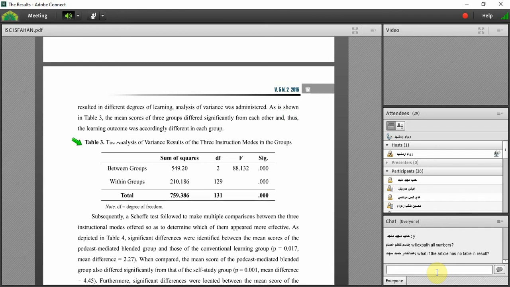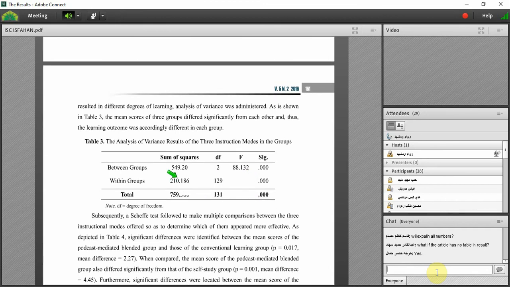Here we have table 3. Let me show you another example. Everybody, what do you understand from these numbers? Probably nothing. But here, as shown in table 3, the mean score of the three groups differed significantly from each other. You see?